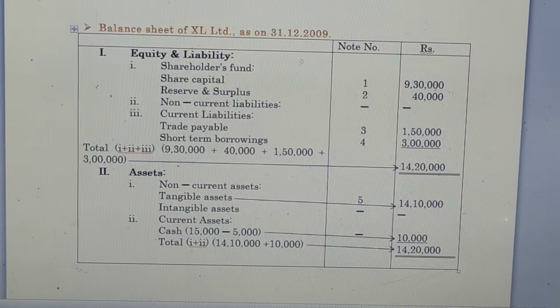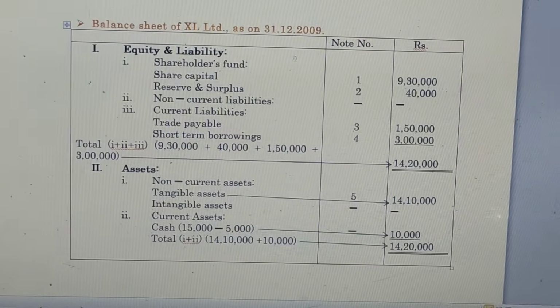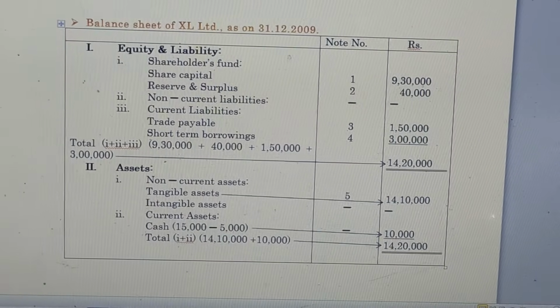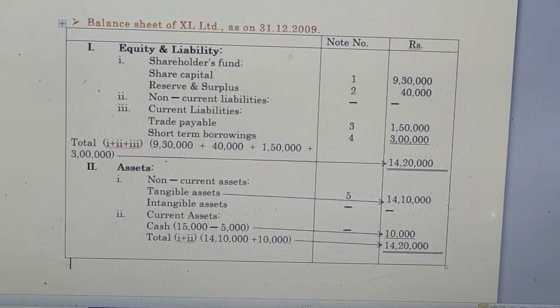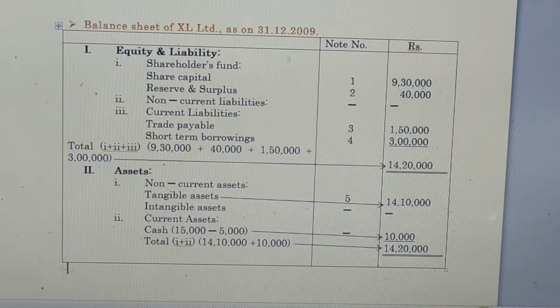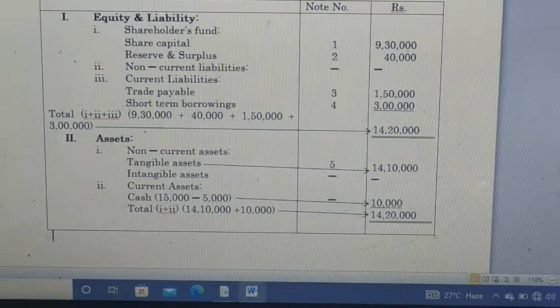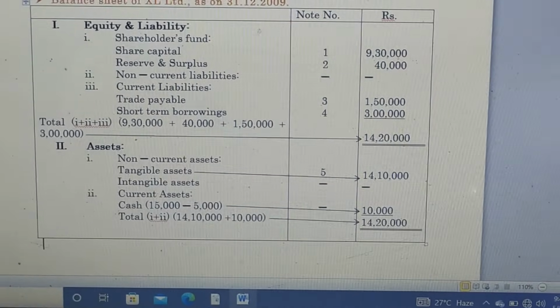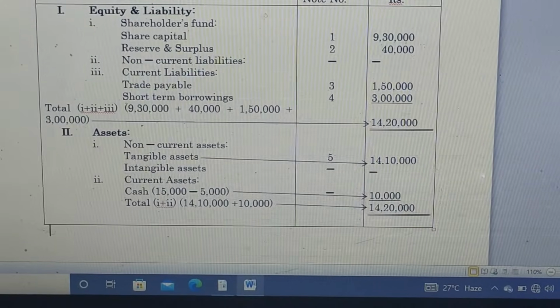So 15,000 minus 5,000, we get 10,000 as the cash balance, which we have to mention in the rupees column. Then we have to add all the assets items. It means 14 lakhs 10,000 plus 10,000, we get 14 lakhs 20,000, that is the total assets value. That's all.